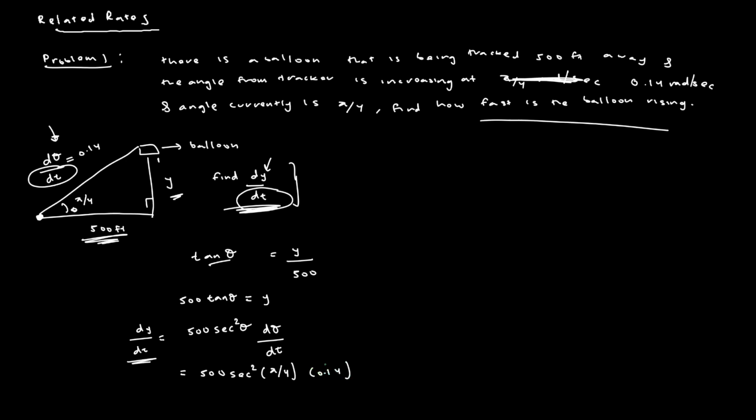Secant of pi over 4 is 1 divided by cosine pi over 4, so it is 2 over root 2, which is equal to root 2. So secant squared of that is 2, times 500 times 0.14, which is equal to 1,000 times 0.14. That is simply 14 times 10, which is equal to 140. So our height is changing at a rate of 140 feet per second.